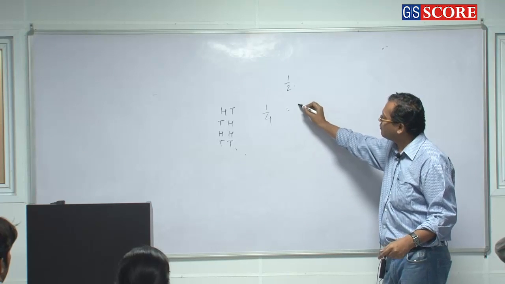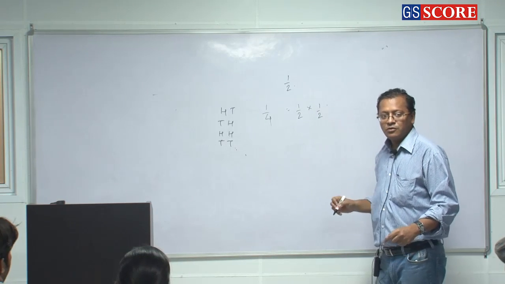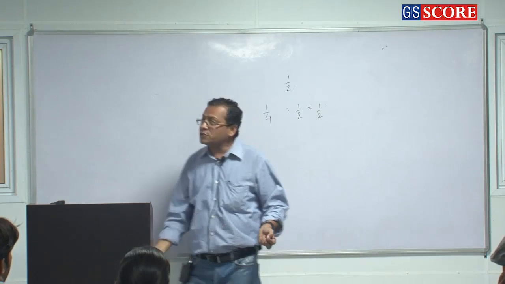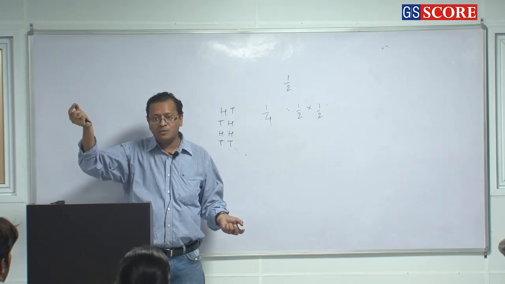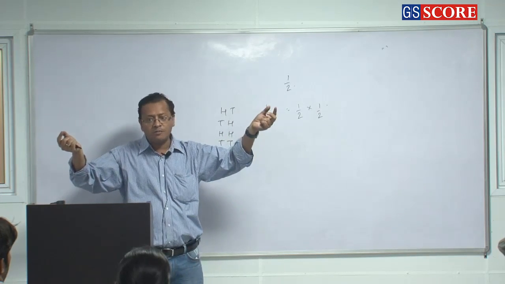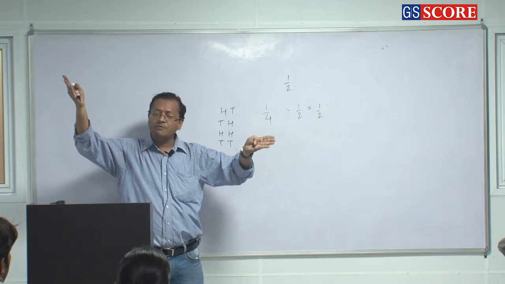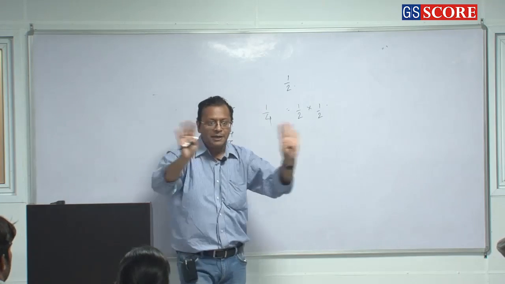Okay, 1 by 4 is equal to how much? 1 by 2 into 1 by 2. Which means I toss 1 coin. What is the probability of head coming here? 1 by 2. If I toss this coin, what is the probability of head coming here? 1 by 2. Tossing of this and tossing of this are independent of each other, so the probabilities will multiply.